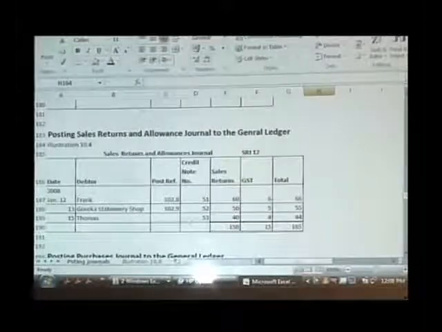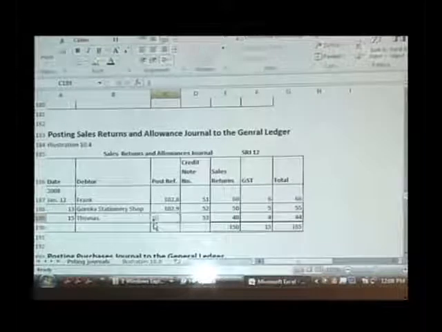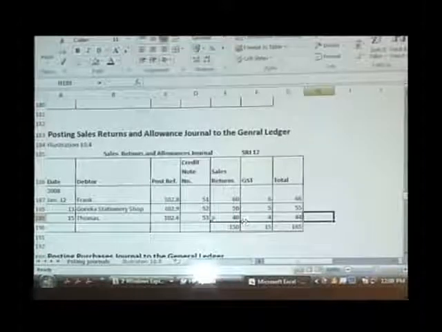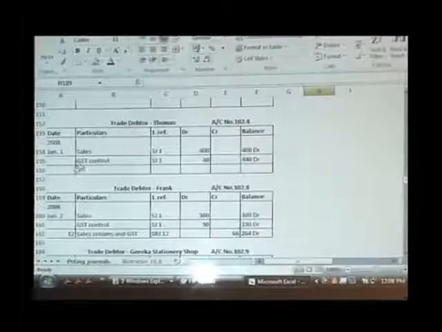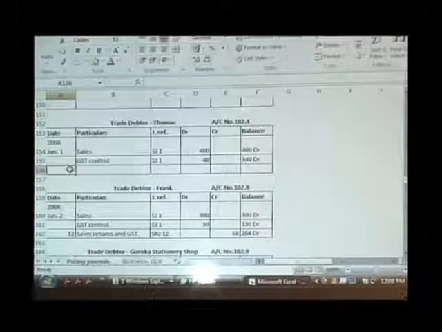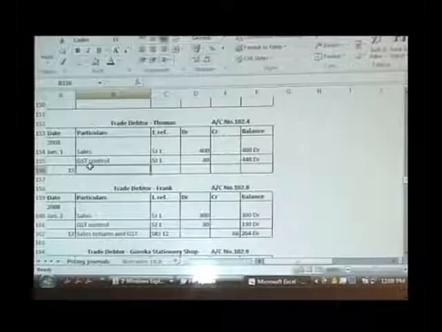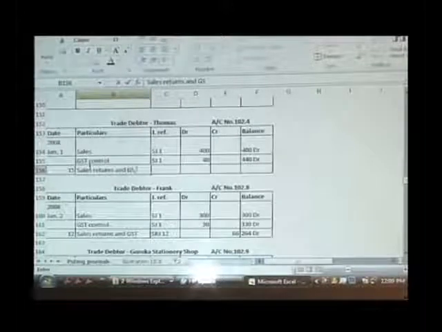Next, Thomas, account number 102.4, total amount 44, date 15th January, sales returns and GST together.